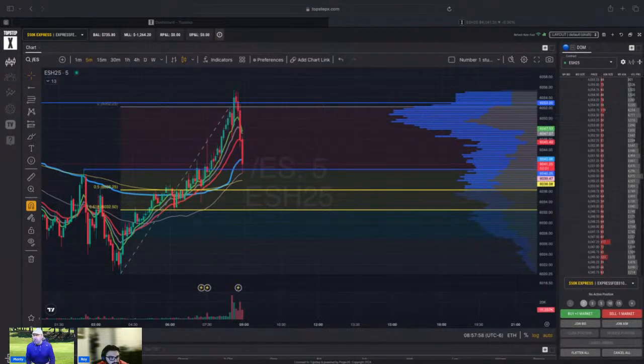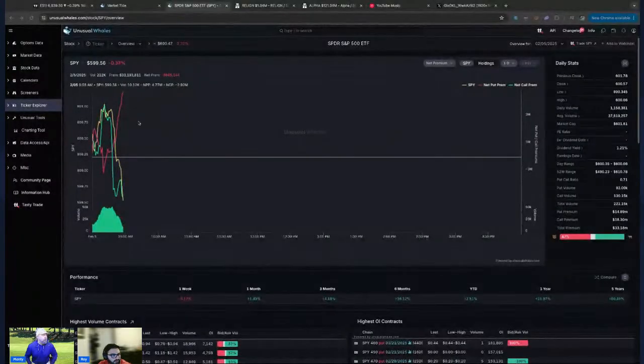Ideally, the longer the day goes on, if we stay at or below this number, then theta starts eating that other one away more than it'll go there. So that's why we're trying to be patient with it, just not closing it here. What are we at? $85 up right now. Look at this. Right. Whoa.